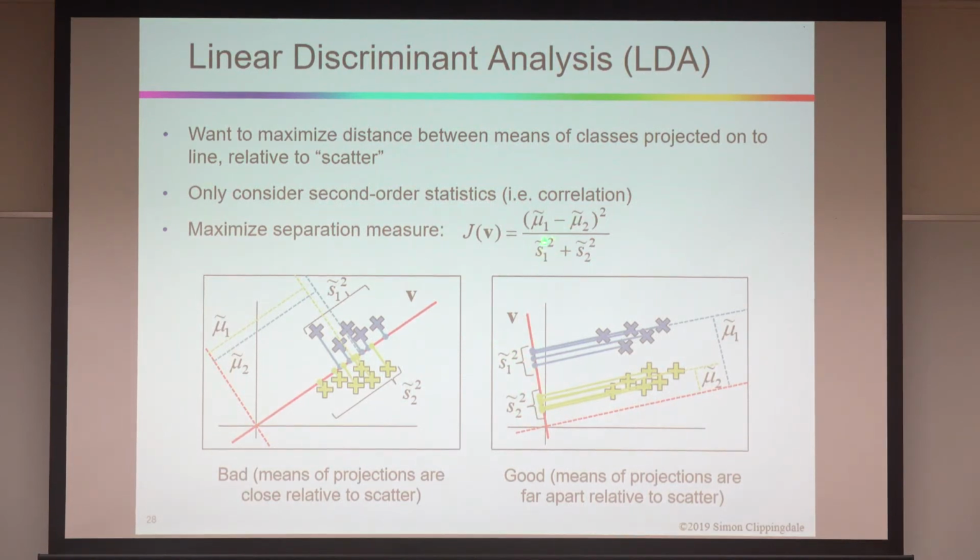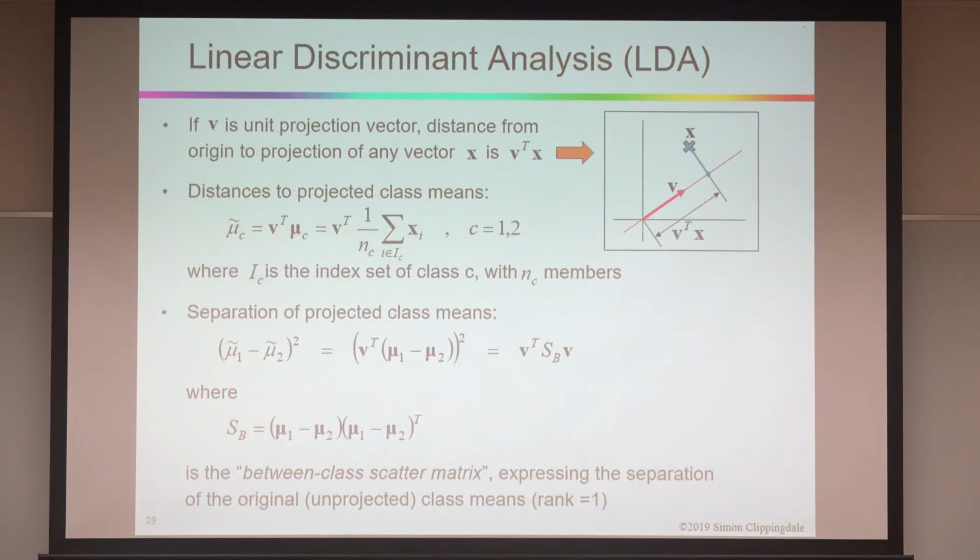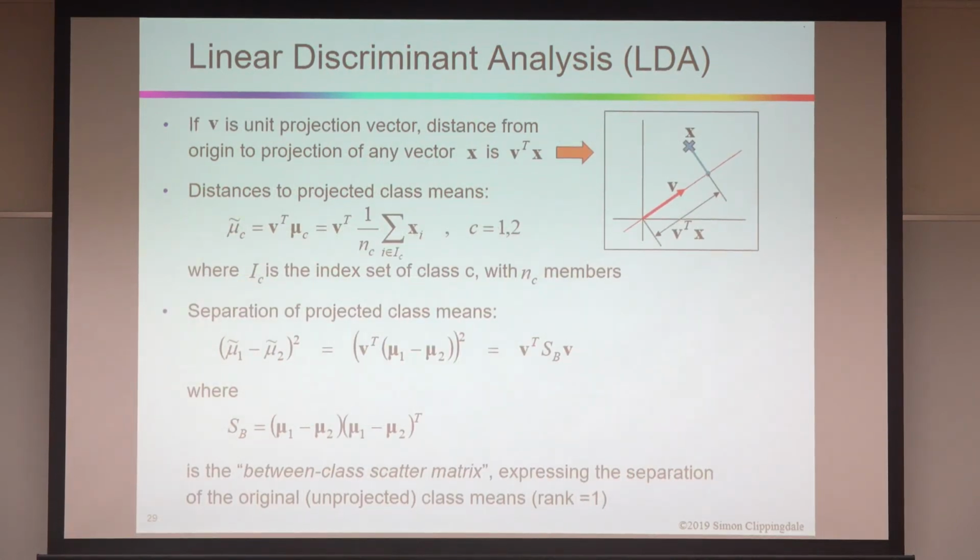So here are the two class means. We're looking at the difference between them squared, and here are the scatters, the sum of the two scatters there. Formally, you don't need to worry too much about the solution, but to cut to the conclusion, here's the squared difference between the two means.